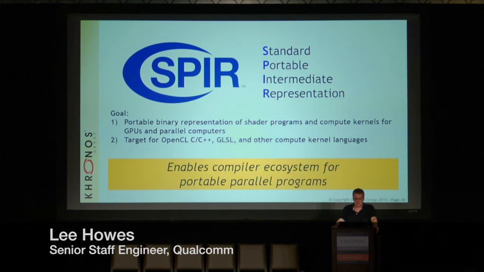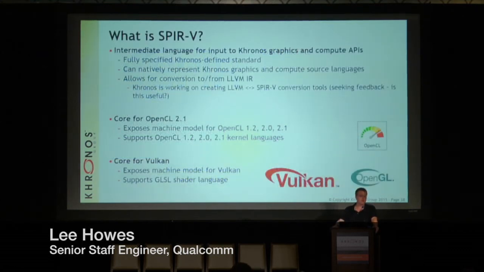So SPIR is the standard portable intermediate representation. And the idea is that it's a binary representation for graphics shader programs and for compute kernels, and to allow a portable offline compilation. It's a fully specified Khronos standard. It's designed specifically to allow for conversion cleanly to and from LLVM IR, but it is not LLVM IR based.